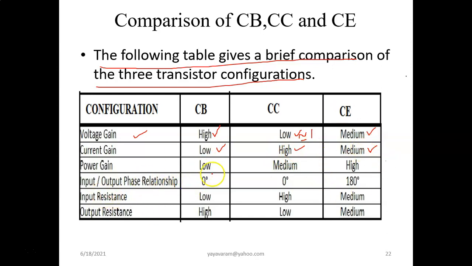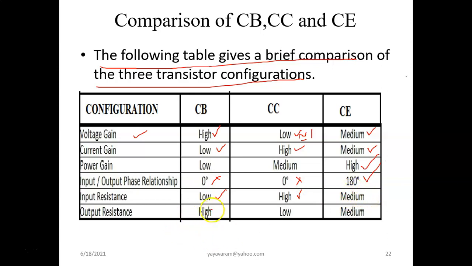Power gain for common base is low, for common collector it is average, but for common emitter it is high. That's why we use these configurations. Similarly, for the input-output phase relation, common base and common collector have no phase difference, no inversion, but common emitter has a phase difference of 180 degrees between input and output. Input resistance is low for common base, high for common collector, and in between for common emitter.